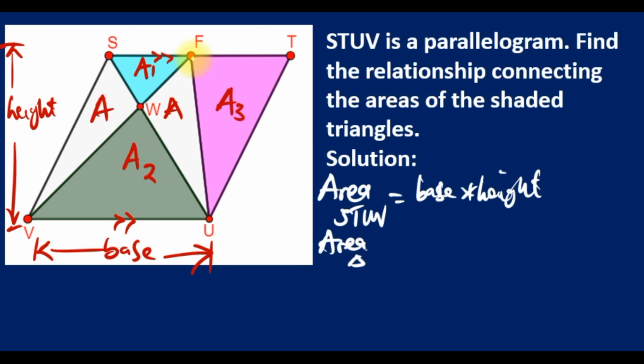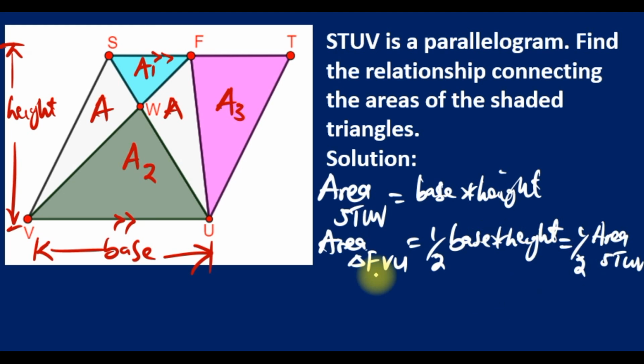So for this triangle FVU is now half base times what? Height. And this happens to be half the area of the parallelogram STUV. So this implies that the ones that are remaining, that's this triangle and this, if you sum the area, it will be equal to half of the area of the parallelogram, making the area of these two the same.